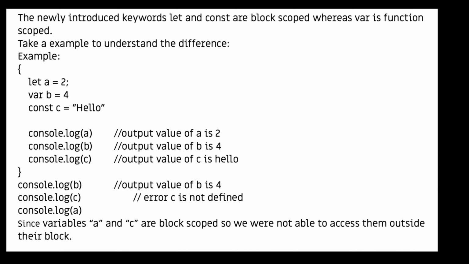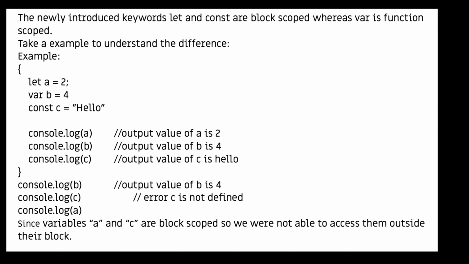So next we call console.log a. Since variables a and c are block scoped, we were not able to access them outside their block. A and c variables not accessible outside their block, so it throws error.